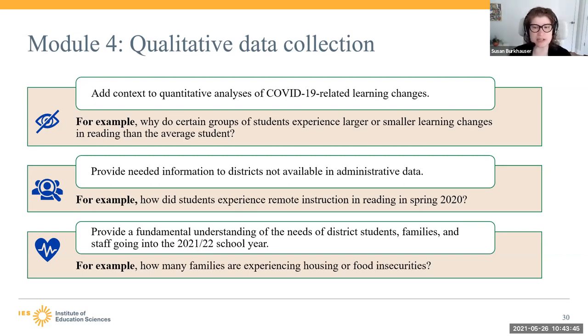So for example, a district may want to know more about how students experienced remote instruction in reading in spring 2020. And in addition, these analyses can provide a fundamental understanding of the needs of districts, students, family, and staff going into the 2021-22 school year. So for example, how many families are experiencing housing or food insecurities?